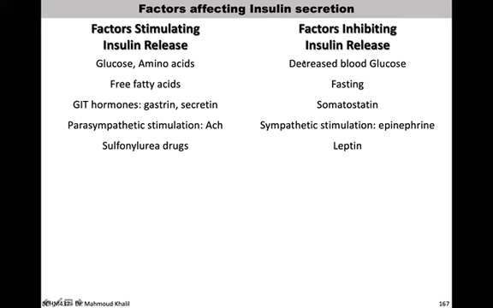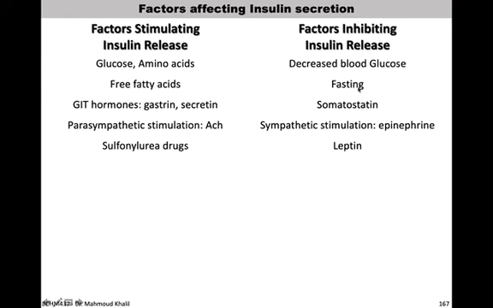So let's see now the factors that affect insulin secretion. And actually you can see that all of them are opposing factors, so they either stimulate insulin release, or inhibit the release. Of course, the factors that stimulate insulin release are glucose, amino acids, and free fatty acids, which are high in blood; the GIT hormones we have just mentioned, like gastrin and secretin; parasympathetic stimulation, acetylcholine, and some kinds of drugs like sulfonylurea drugs.